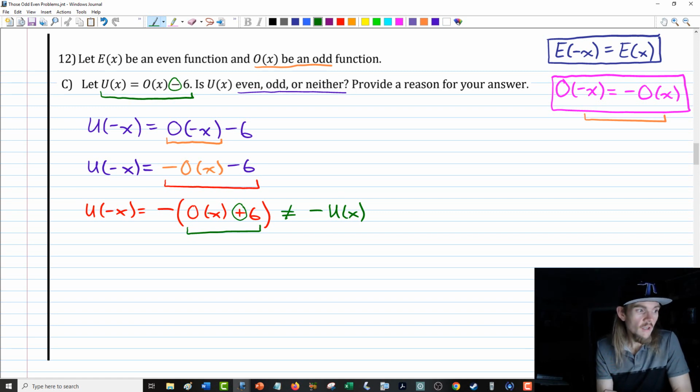And since it's clearly not equal to the original u of x either, that means our function is neither odd nor even. That means, therefore, u of x is neither. It's neither odd nor even.